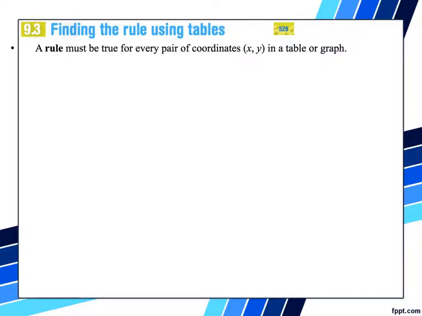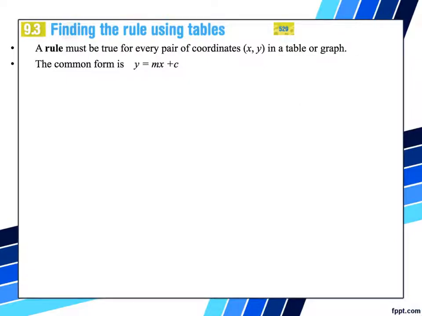First thing that we need to know is that the rule must be true for every pair of coordinates on a table or a graph. So if we have come up with a rule, we have to test it with the points that they've given us to see if the rule applies to every point. If one point is off, then this rule is not the rule for the function.